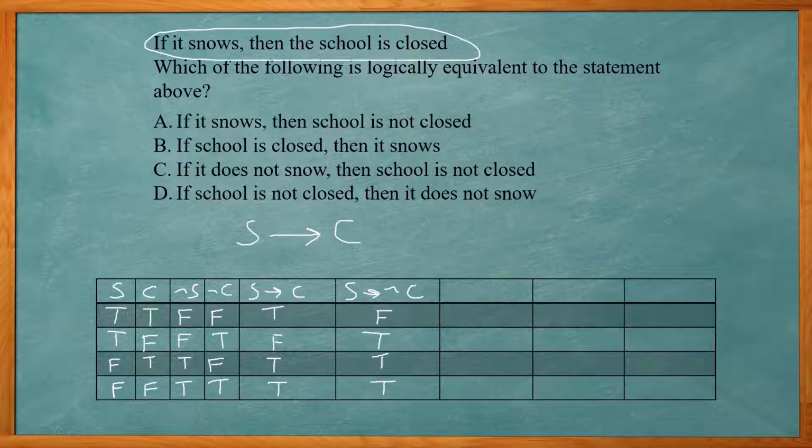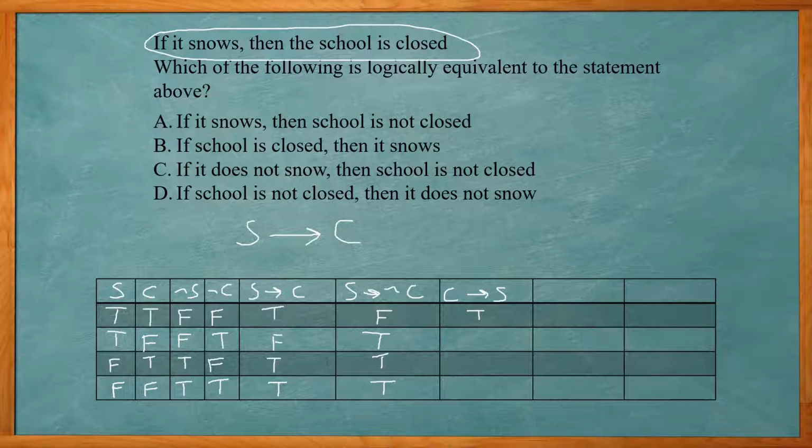So if I look at letter B, if school is closed, then it snows. That's going to be C, school is closed, and that implies snow. So I'm going to look at the C and S columns. So there's true implies true, that is true.